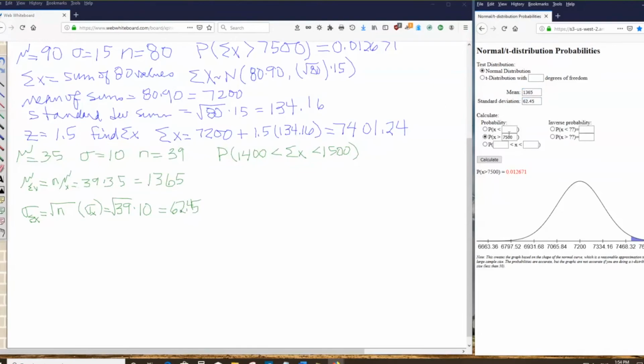Then we're going to find the probability that the sum of x's is between 1,400 and 1,500. And I'm going to just do my calculations. And that's going to give me about a 27% probability.